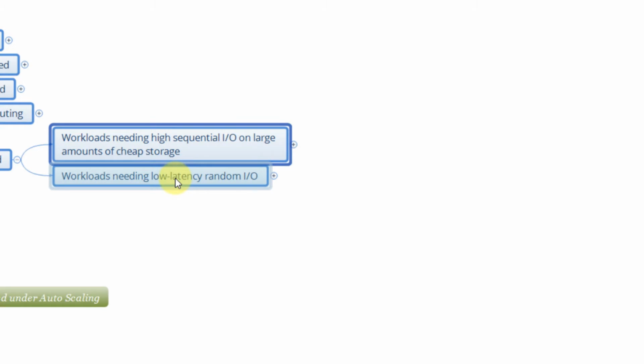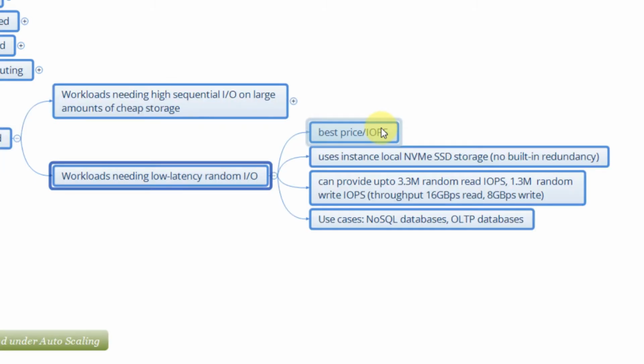The other kind of storage in this family is very low latency random I/O storage. So what this provides is the best price per I/O operations per second. It uses storage local to the instance, that is of NVMe SSD kind. And just like the HDD local store, there is no built-in redundancy, and it can provide up to 3.3 million random read operations per second and 1.3 million random write operations per second.